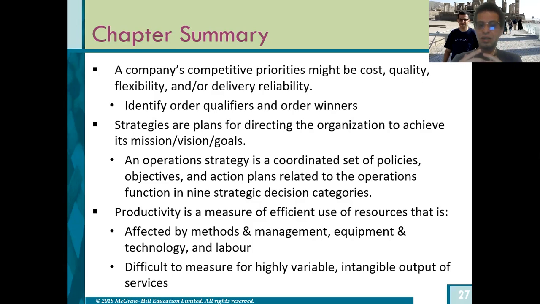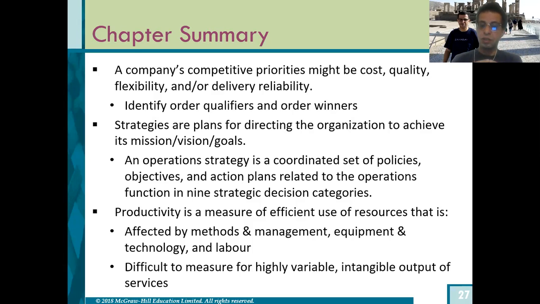Strategies are plans for directing the organization to achieve its mission, vision, and goals. An operations strategy is a coordinated set of policies, objectives, and action plans related to the operations function in nine strategic decision categories, as we explained earlier.